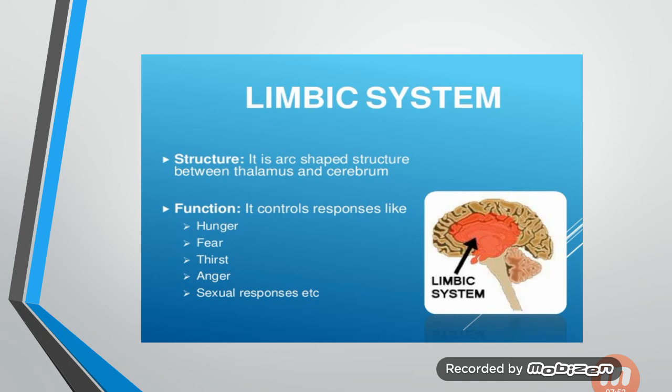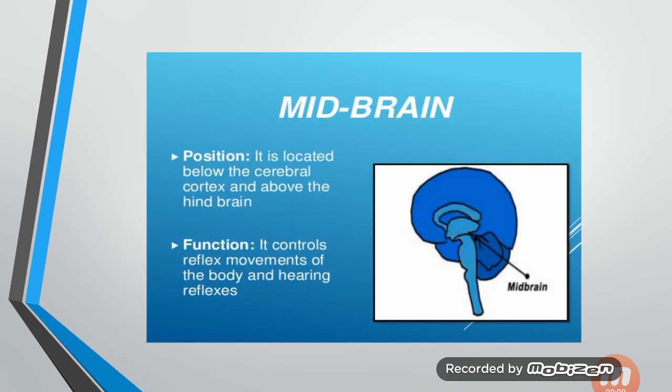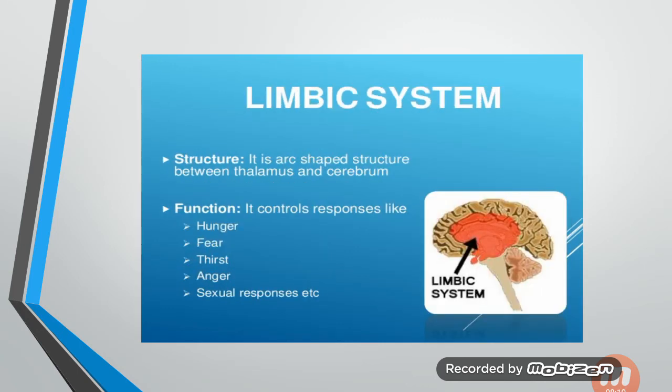For example, it controls the responses like hunger, fear, thirst, anger, and the sexual responses. There are different parts of the limbic system, which includes hypothalamus, amygdala, and hippocampus, and the nearby regions of the cerebrum.